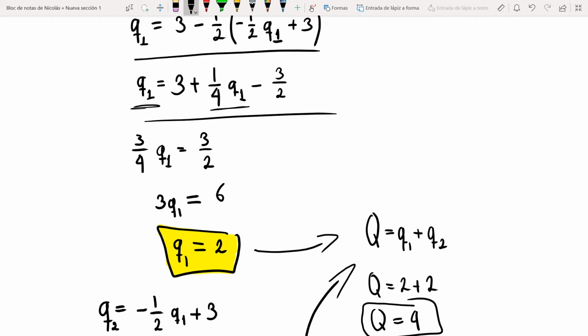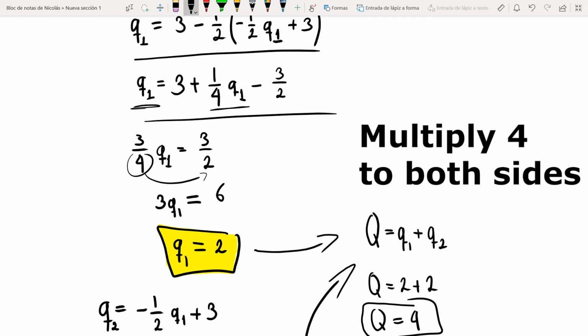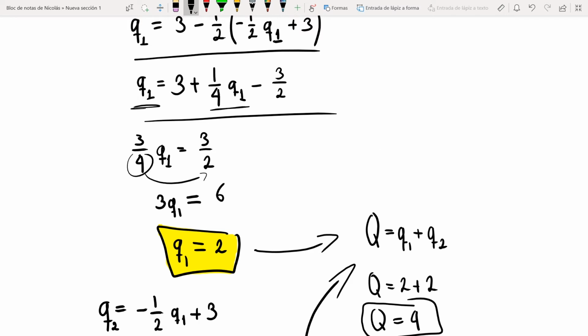In this case, we can just pass this 4 multiplying. We'll end up having that 3 times quantity 1 is equal to 6, and we'll just divide by 3 on both sides, and we'll know that quantity 1 in the Cournot model is equal to 2.